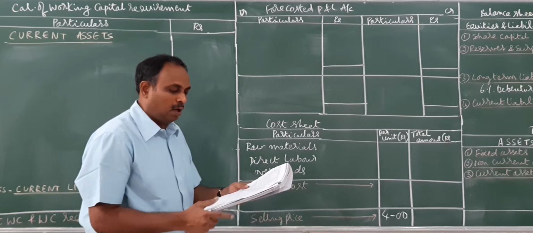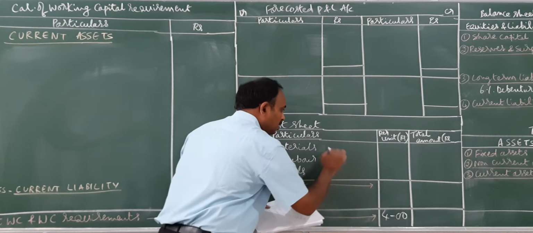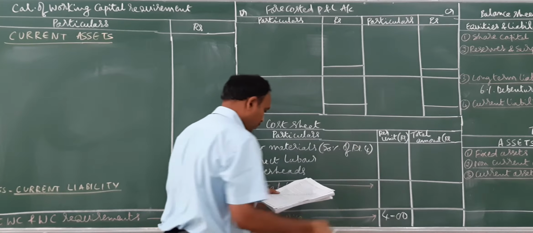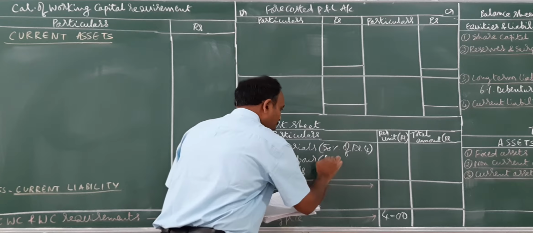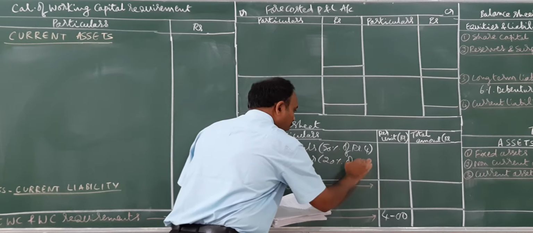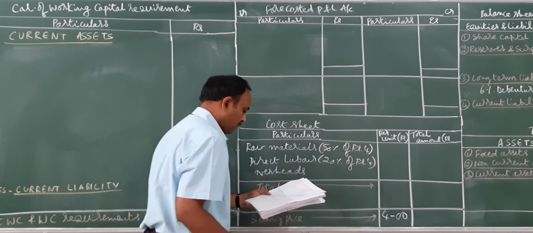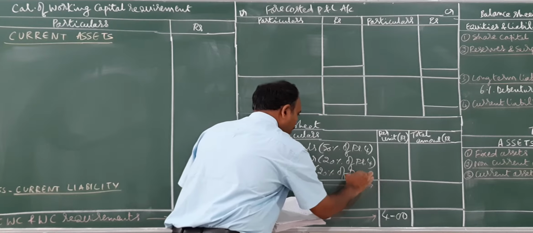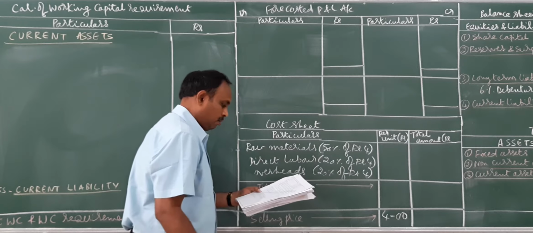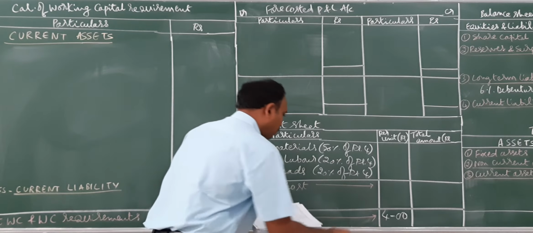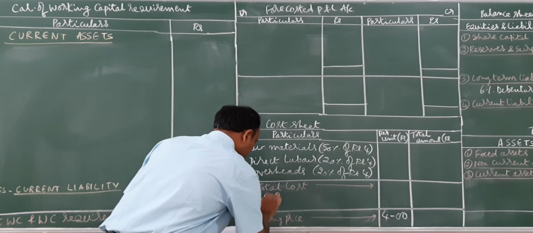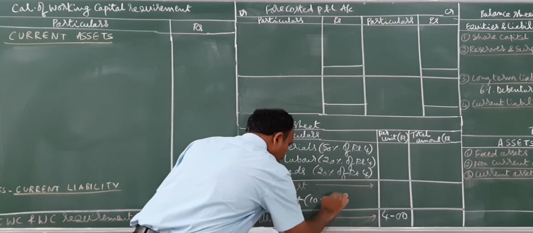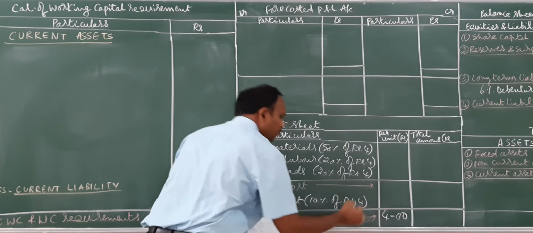So come back. Raw material is 50% of rupees 4. Labor 20% of rupees 4. Overheads 20% of rupees 4. Profit 10% of rupees 4.